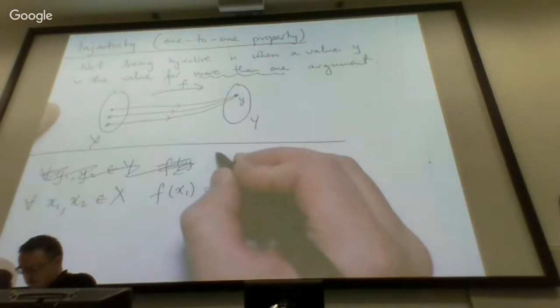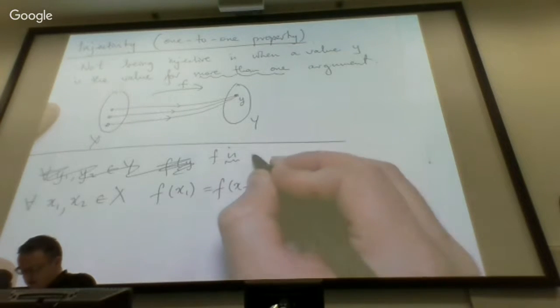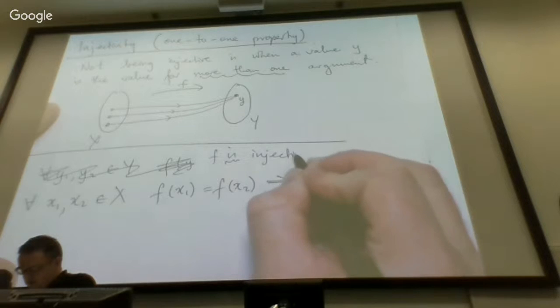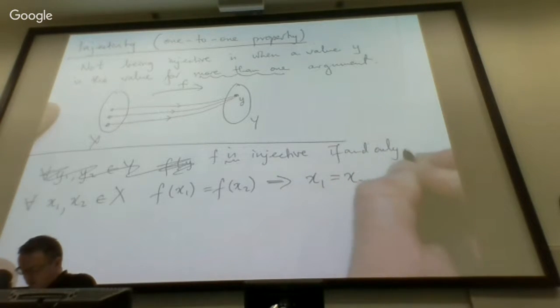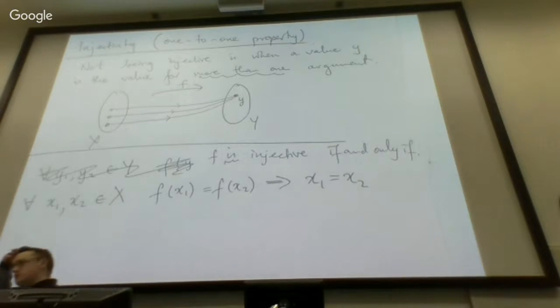So f is injective if and only if, so this is the other way of defining it, to define it in a positive way. When you're studying this, you should certainly meditate on this a bit and appreciate that these two ways of defining it are defining the same thing.